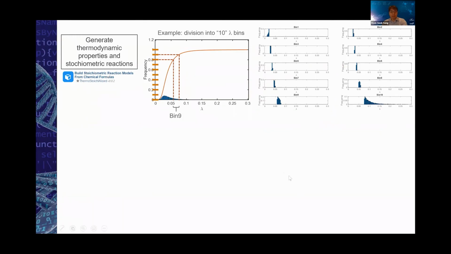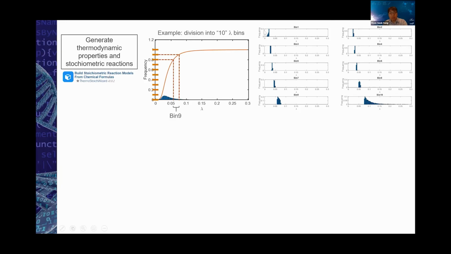One idea to do that is to divide lambda into a discrete number of lambda bins. In this case, we use the cumulative distribution function, and depending on the cumulative function, we can divide lambda space into 10 different bins, and each bin contains a similar level of thermodynamic properties with respect to lambda.